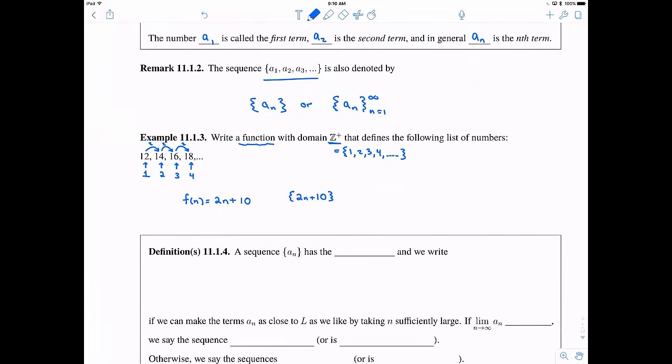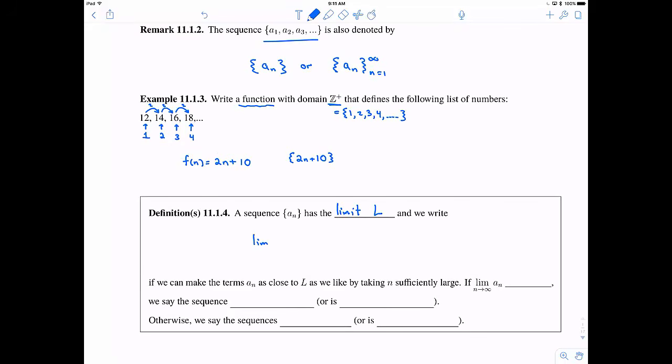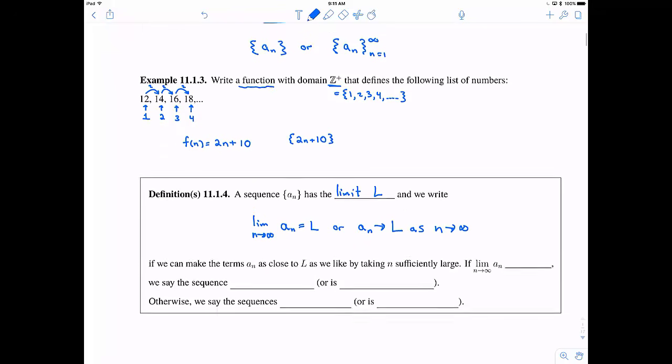Okay, now whenever you have an infinite list of numbers like this, there's a natural, interesting question, and this is what this definition is about. We can talk about a sequence's limit. So if a sequence has a limit L, then we write the limit as n approaches infinity of a sub n is equal to L, or if you'd like, you can write a sub n approaches L as n approaches infinity.